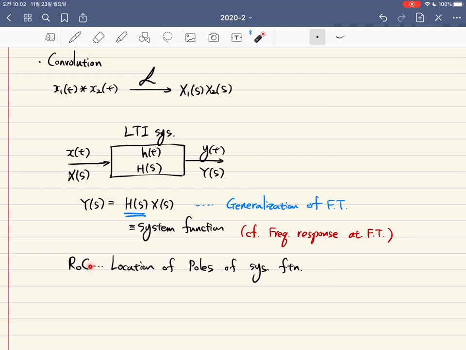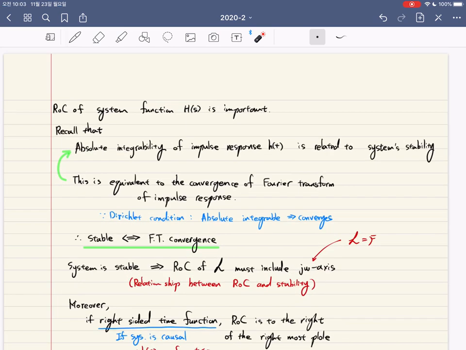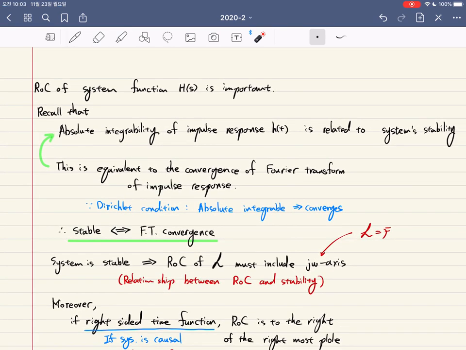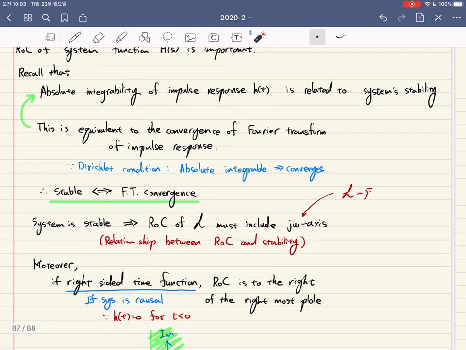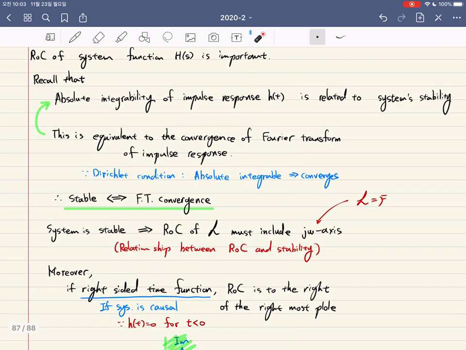And the region of convergence is highly related to the location of poles, right? And the region of convergence is very important with respect to the stability of the system. So this is a very important logic flow, which is that when we studied the LTI system, if the impulse response is absolutely integrable, then the system was stable.